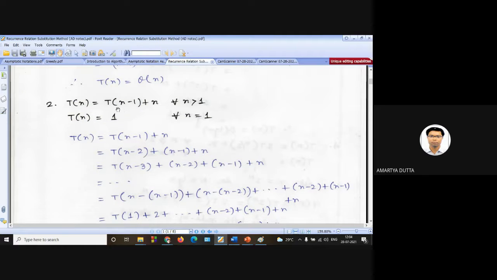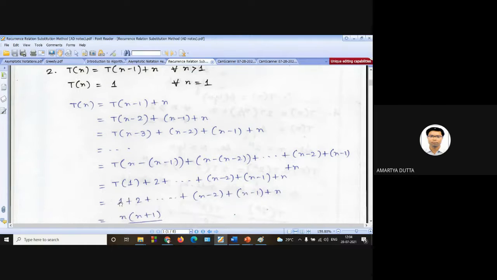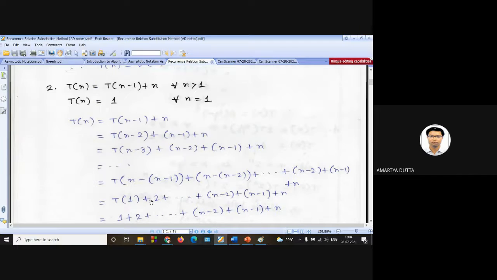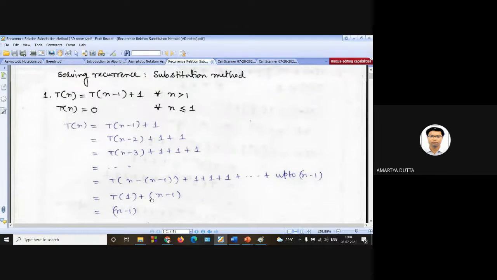The condition given is that T(1) = 1, so we can put 1. So 1 + 2 + 3 up to (n-2) + (n-1) + n. So it is the sum of n natural numbers, n(n+1)/2. That's why the complexity is order of n square. So is it clear? Questions number 1 and 2.